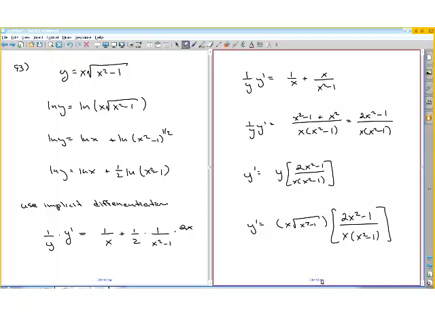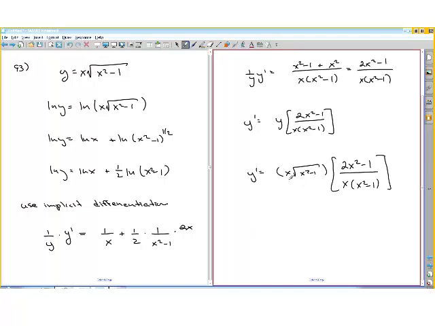We do a little simplification because we have x here, we have x there. We have this to the half power divided by this to the first power. So the final answer is going to be 2x squared minus 1 divided by x squared minus 1 to the 1/2 power, or we can rewrite it as 2x squared minus 1 over the square root of x squared minus 1.